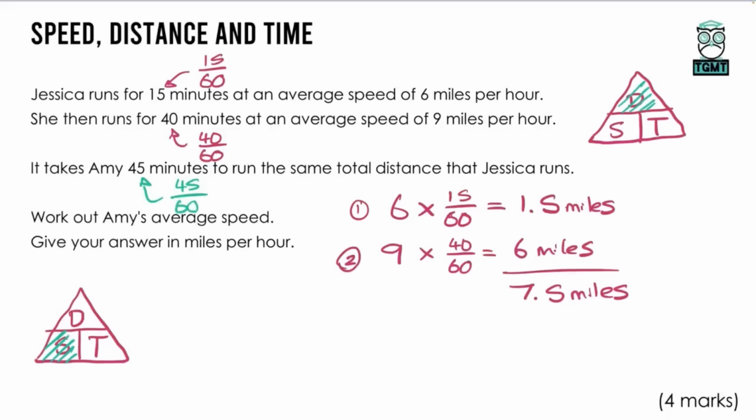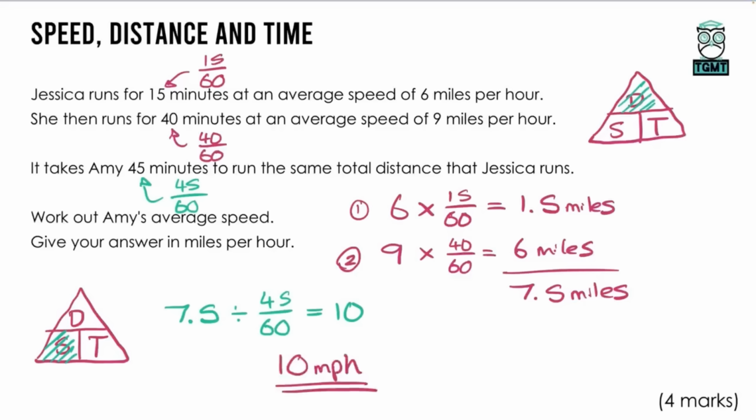And then we can use that formula to get our final answer. So the distance we already know is 7.5, and we need to divide that by the time, which is 45 over 60. And if we type that into our calculator, 7.5 divided by 45 over 60, that gives us a final answer of 10. So it says here, work out Amy's average speed. Well, she is going 10 miles per hour.